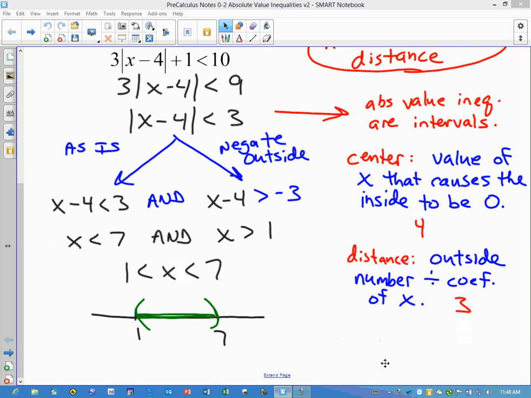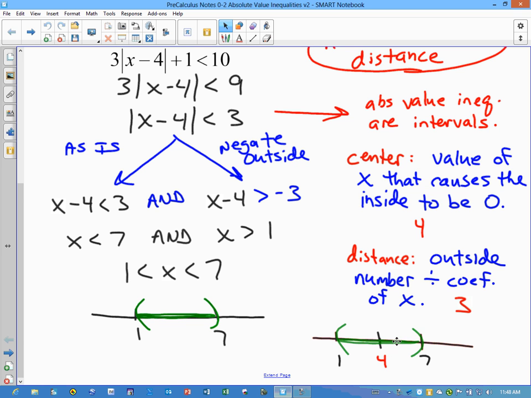So if we were to graph this, we would have our number line, centered at 4. And then from 4, I'm going to go 3 units left to give me 1, 3 units to the right to give me 7. And then I want everything that is less than 3 units away from 4. So I want everything near 4.